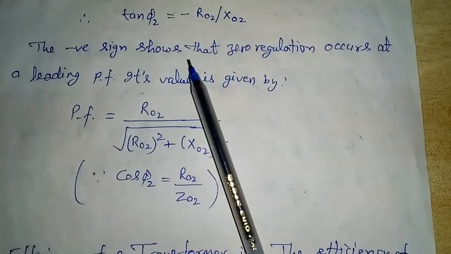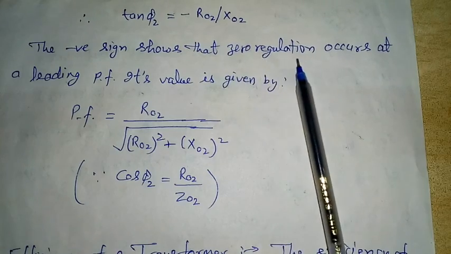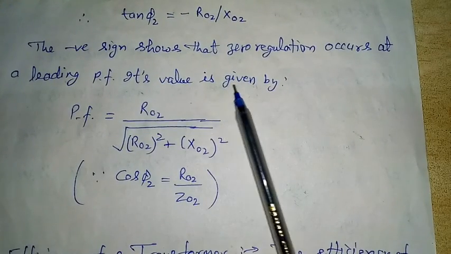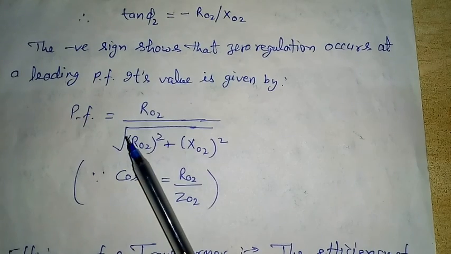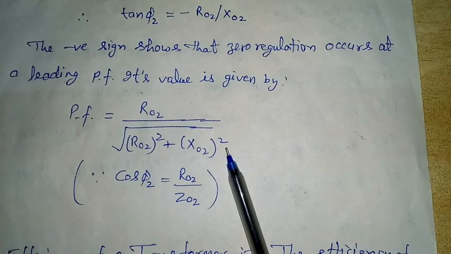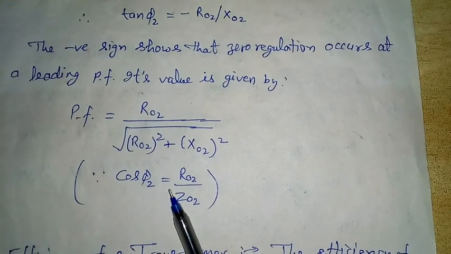The negative sign shows that zero regulation occurs at a leading power factor. Its value is given by power factor PF equal to RO2 upon the square root of RO2 square plus XO2 square. So cos phi 2 is equal to RO2 upon ZO2.